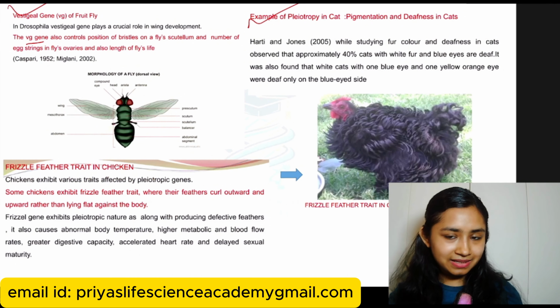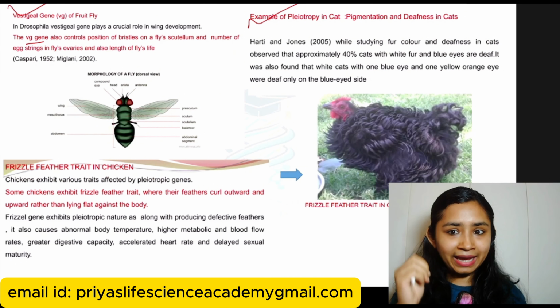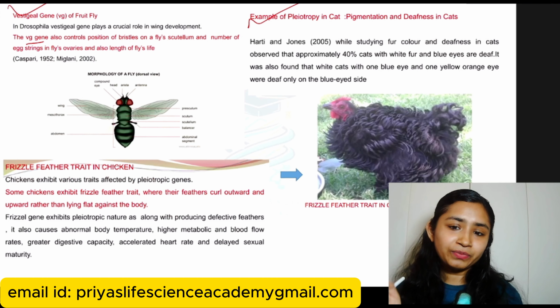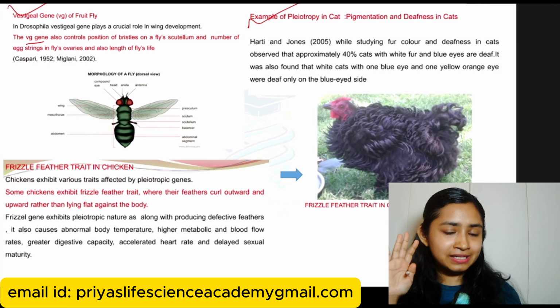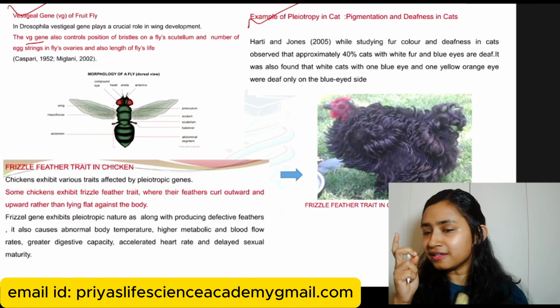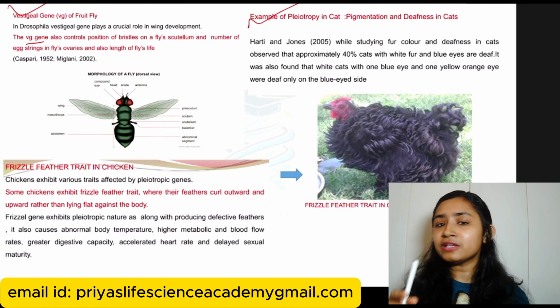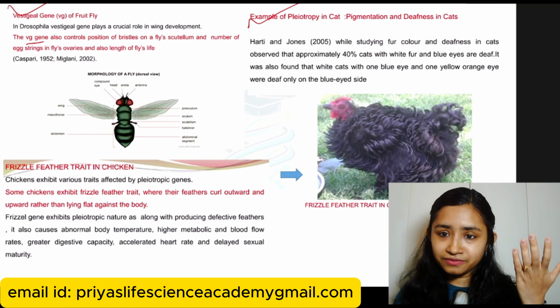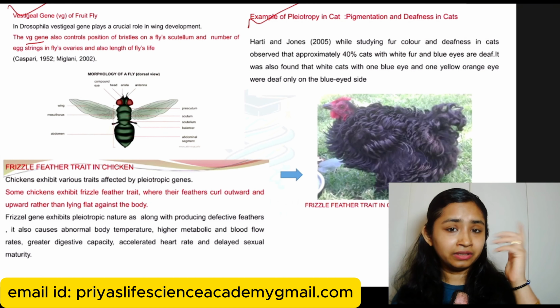So that means the blue eye color and the deafness are related. Whenever the cats are deaf, they have blue eye color, or vice versa. So from this we can understand that one single gene is responsible for both deafness and the blue eye color.